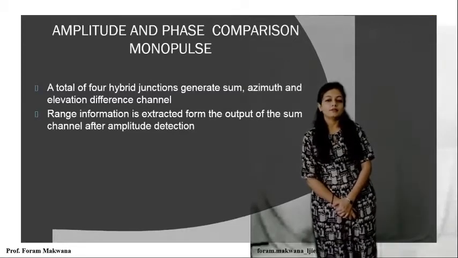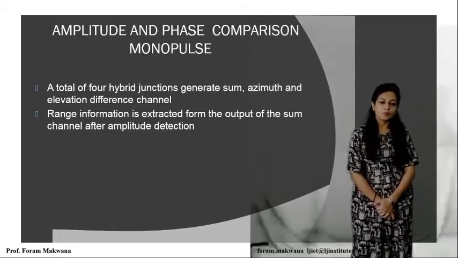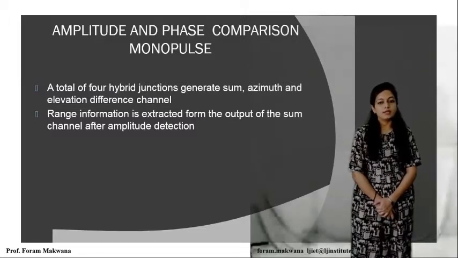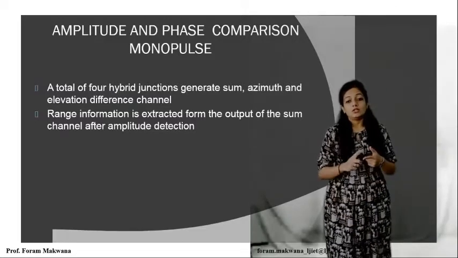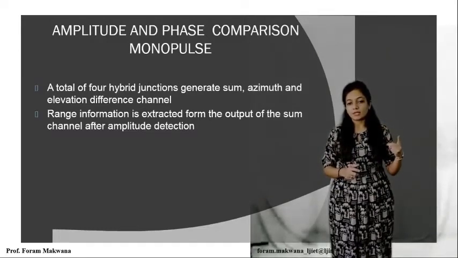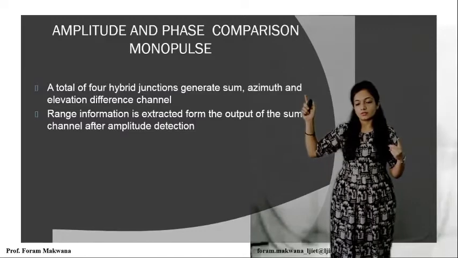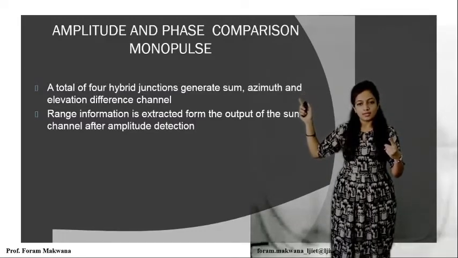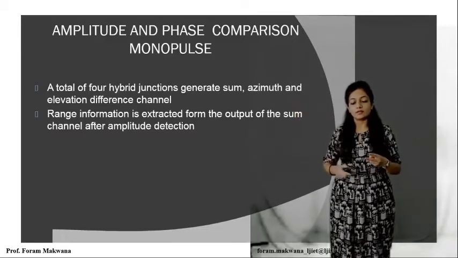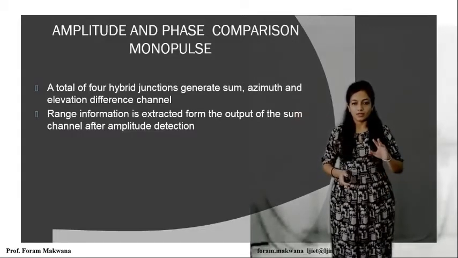Now, amplitude and phase comparison monopulse. For that, as I have told you, it generates a sum and a difference signal. The sum signal is only a single signal, and the difference signal, one is for azimuth, the other one is for the elevation angle.